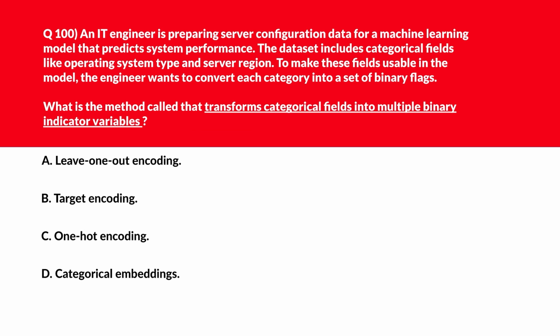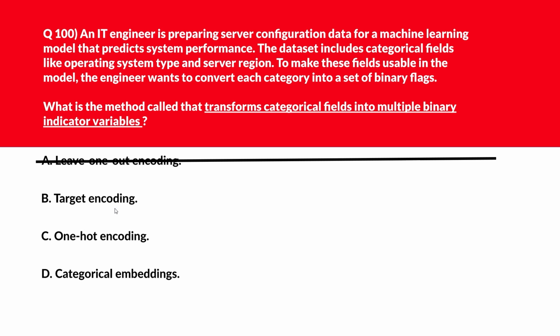Alright, now let's look at this question. This is all about transforming categorical fields into multiple binary indicator variables. Option E says leave one out encoding. Leave one out uses group level statistics, not binary flags. Incorrect. Option B says target encoding.